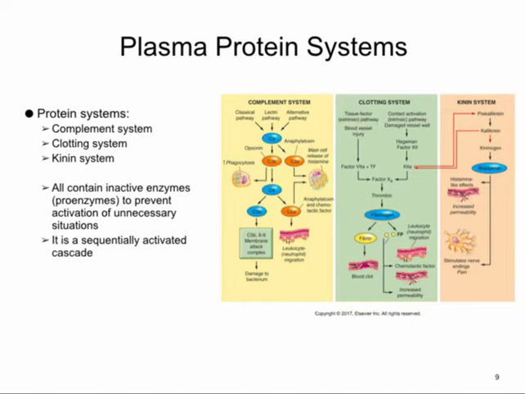Then you have the clotting system, which I'm sure you all are well aware of what it does and what its use is for: clotting, obviously, to prevent bleeding in that area. But you also have the kinin system, where the big one that's heavily integrated is bradykinin and histamine. Those are the two that you'll commonly hear a lot about, bradykinin and histamine.